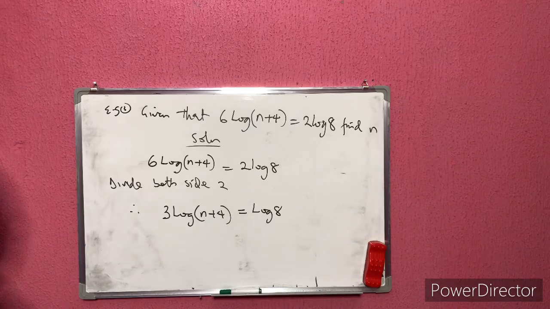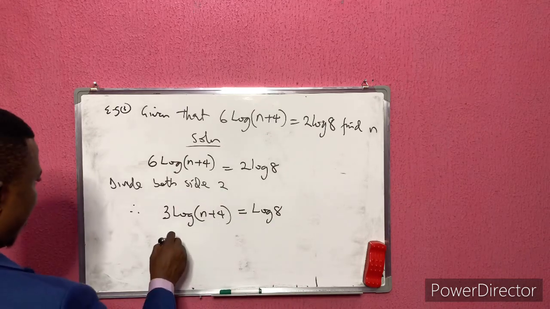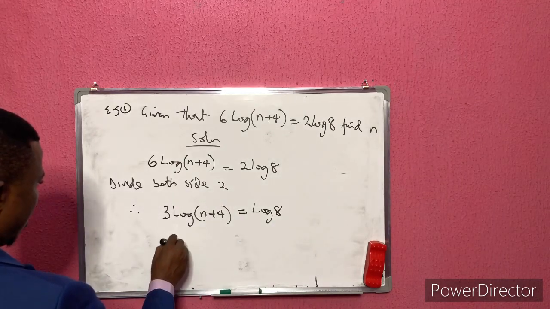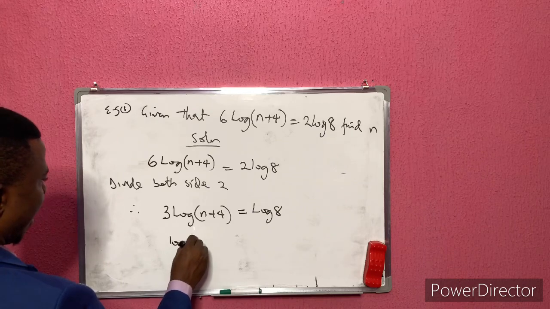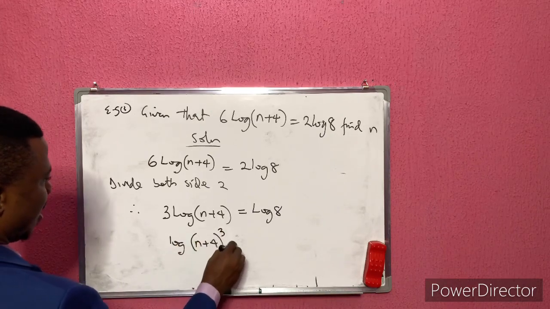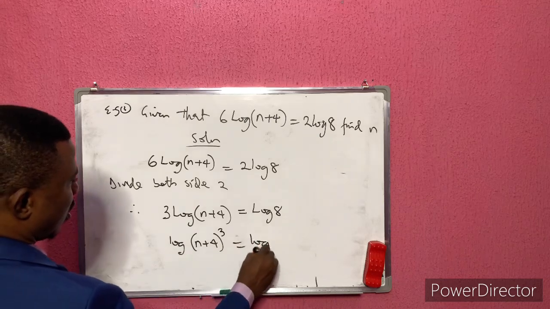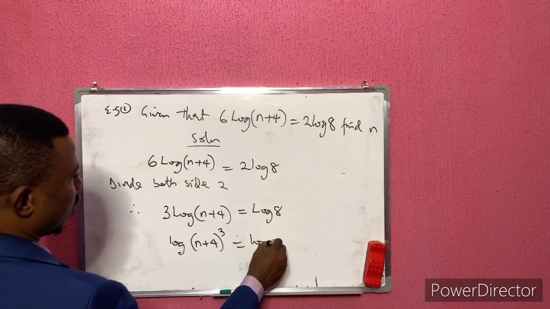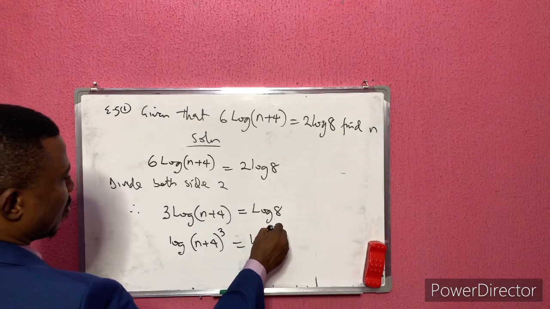As you can see, we obey the law of logarithm. We have log (n plus 4) all raised to power 3 is equal to log 8, which is 2 times 2 times 2, power of 3.